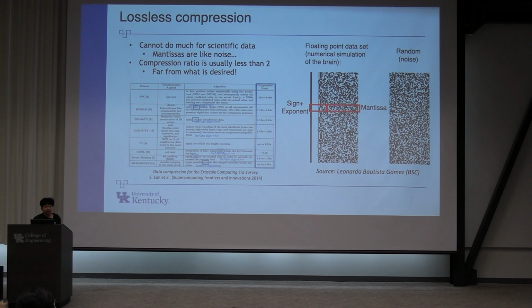As we can see, the mantissa of the floating point data really looks like random noise, which is extremely hard to compress. As a result, if you compress floating point scientific data with a lossless compressor, it will lead to a compression ratio that is usually less than 2. So this is far from desired. As we can see, the previous I/O gap is much larger than 2.